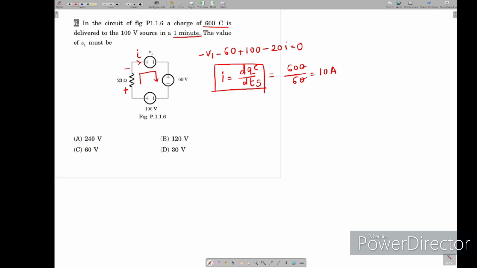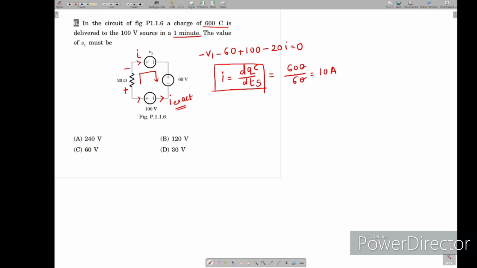It says the 100 volt source delivered 600 coulombs in 1 minute. Delivered means this charge is consumed, so it is entering at this terminal.